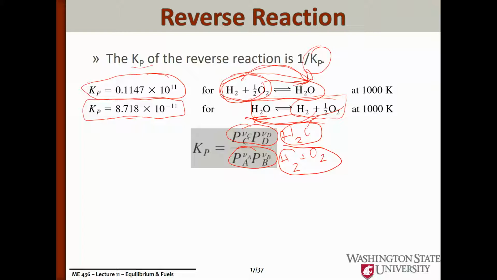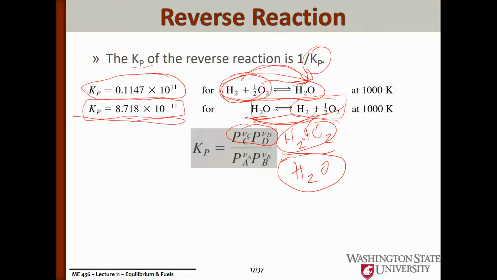And if I flip the order of things, so I reverse the reaction, and I have hydrogen and oxygen on the top over water, I know that the equilibrium concentrations are the same. Whether I write the equation in the forward direction or the backwards direction, the final products are always going to be the same. But now I have a really big number on the bottom and a very small number on the top. That gives me the very small equilibrium constant.